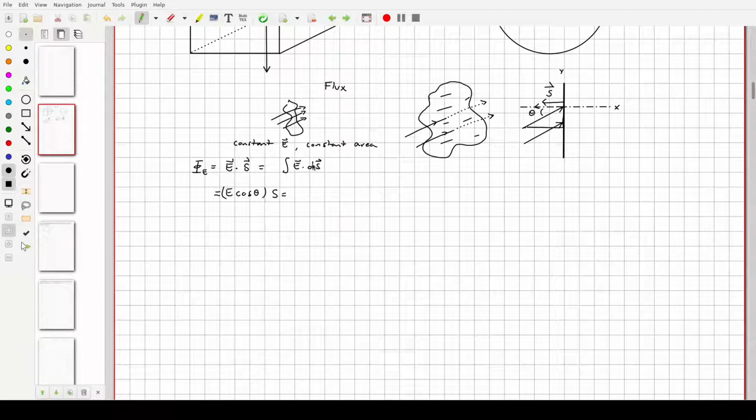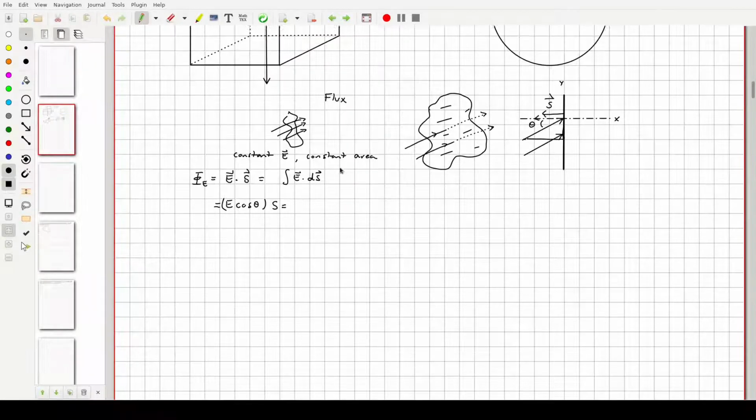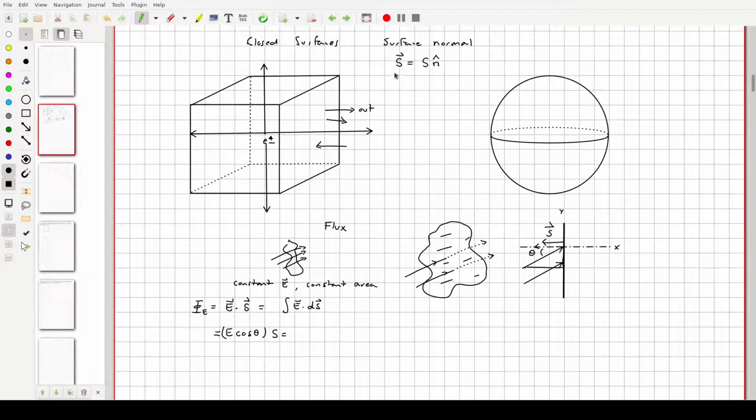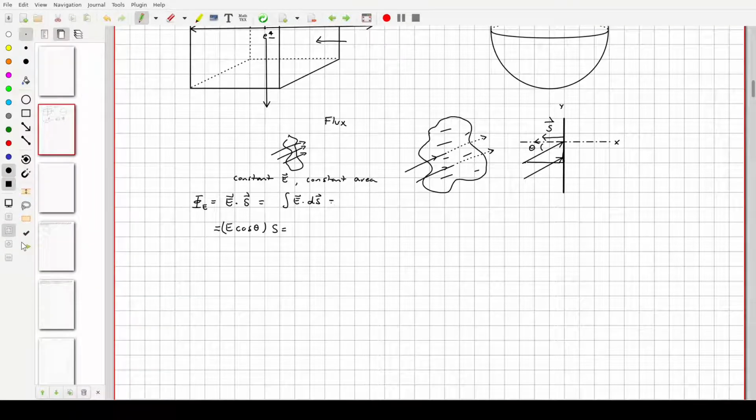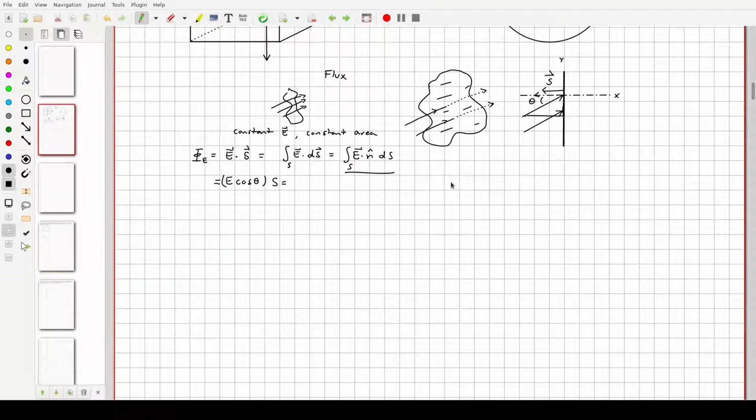Okay. Now, sometimes they also write this the following way, noting the fact that you have this relationship right here: E dot n hat dS. And this is, of course, over the surface that we're looking at.